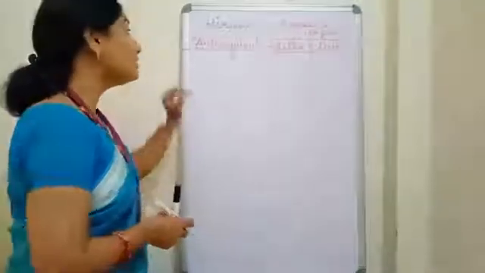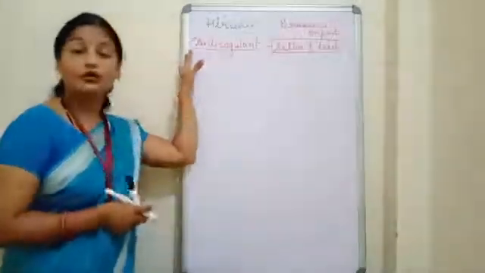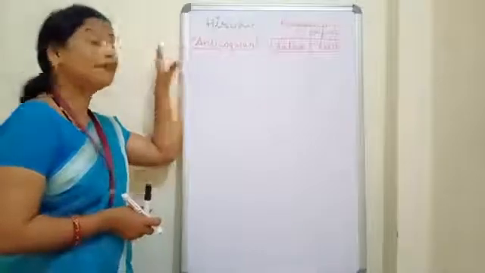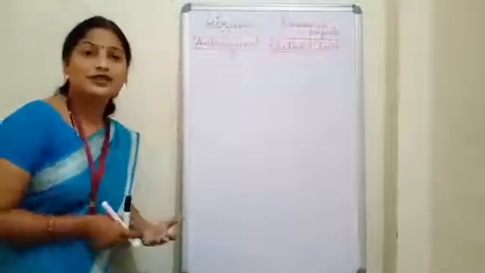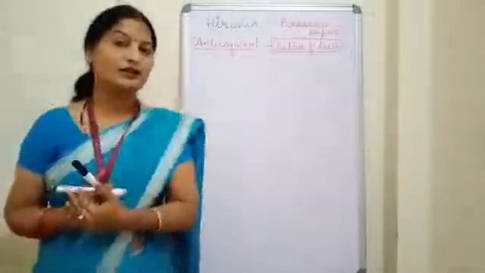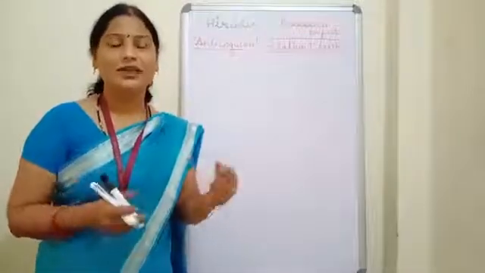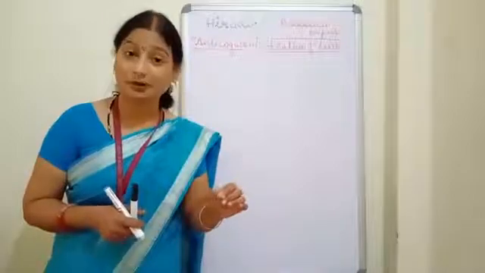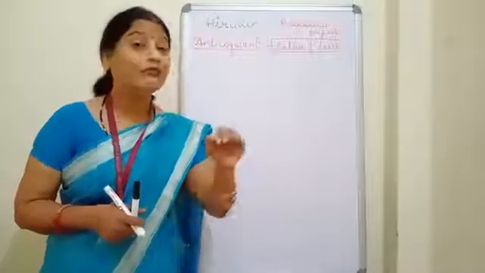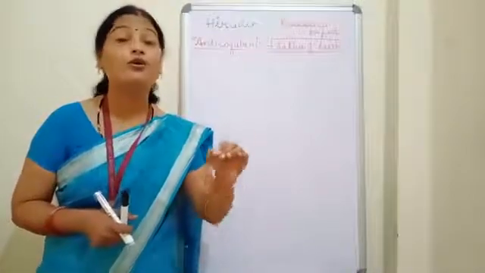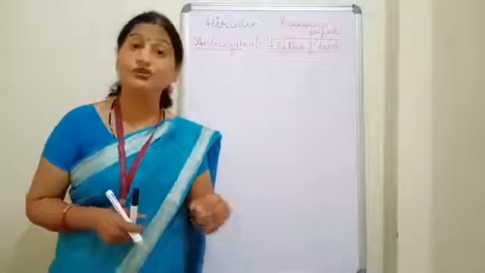Now children, why do we want this anticoagulant? Okay, why do we need this? Most of the time we go for blood tests and all. The doctors and lab technicians take the blood, and our blood should not dry up.